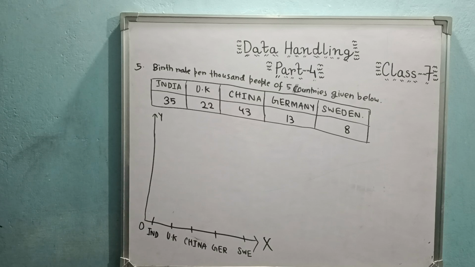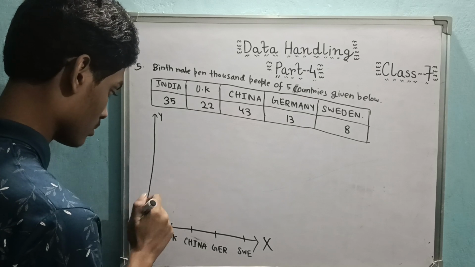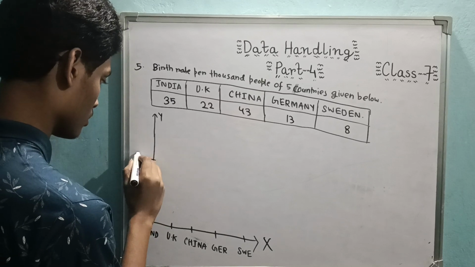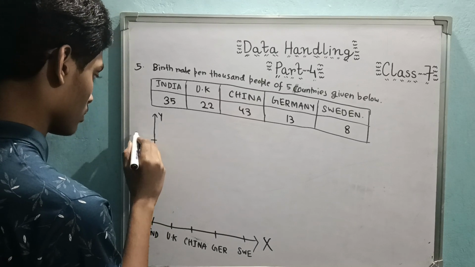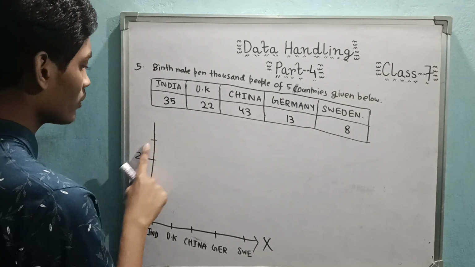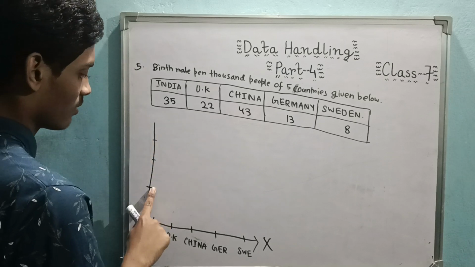So the largest frequency is 43. So actually I can take in multiples of 10 without any troubles. See, that's why I was doing that. I knew it will take some space.